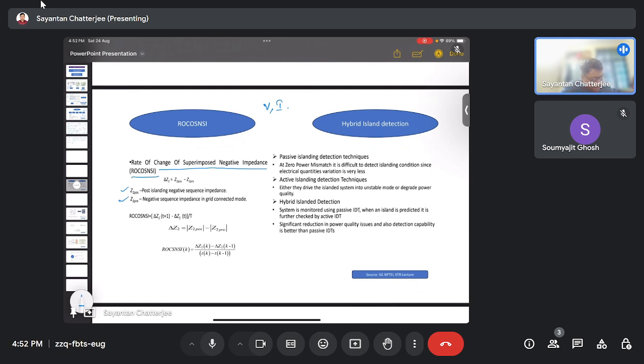The sampling frequency followed is 1 kilohertz, and then we apply the phasor estimation techniques. This is the algorithm followed for the rate of change of superimposed negative sequence impedance. Phasor estimation is performed using WLS.